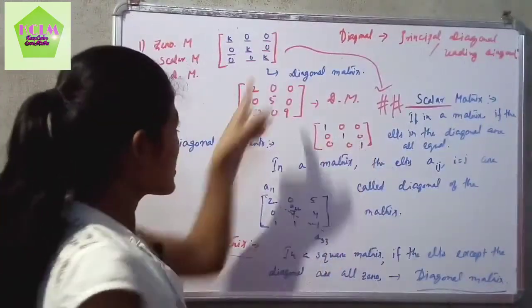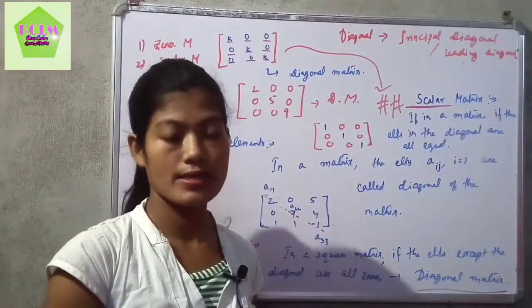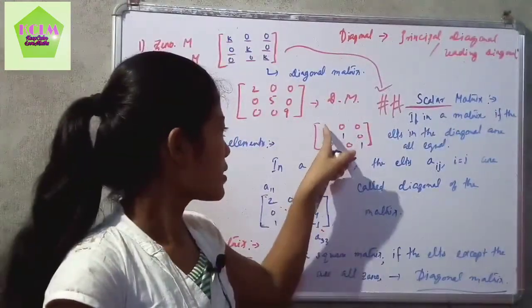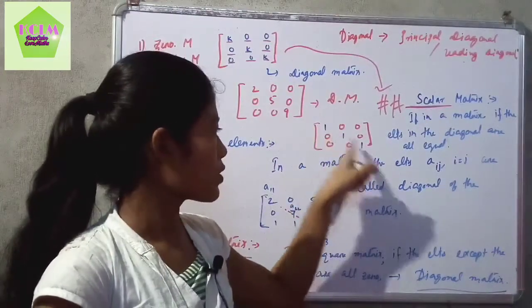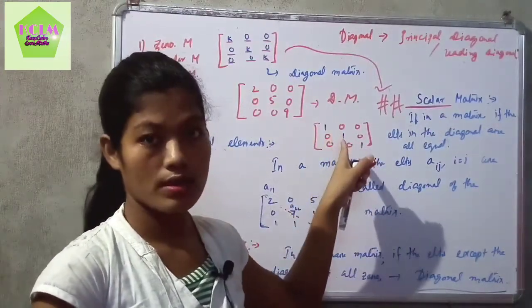So if in this matrix k takes the value 1 only, here the diagonal elements are 1 only, then this matrix is called identity matrix.